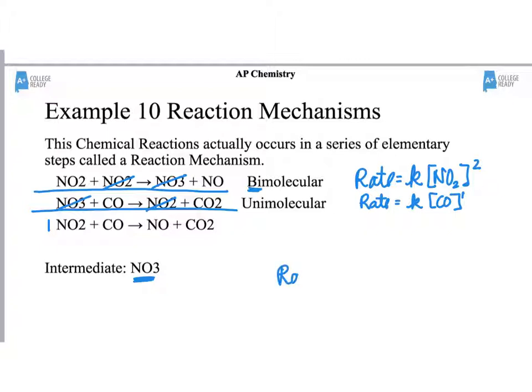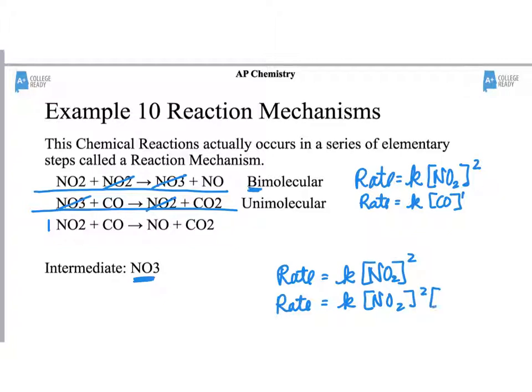It could be rate is equal to k times NO2 to the 2, or it could be rate equals k times NO2 to the 2 and CO to the 1.